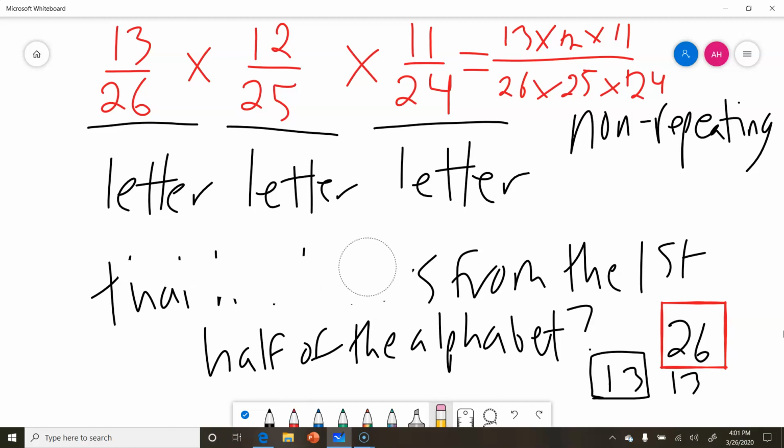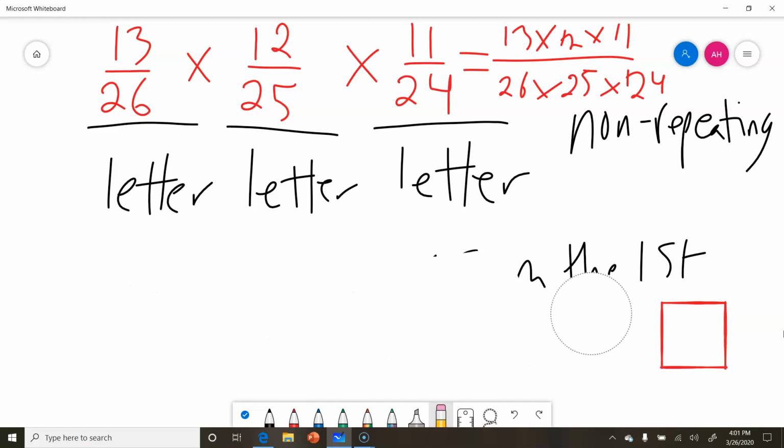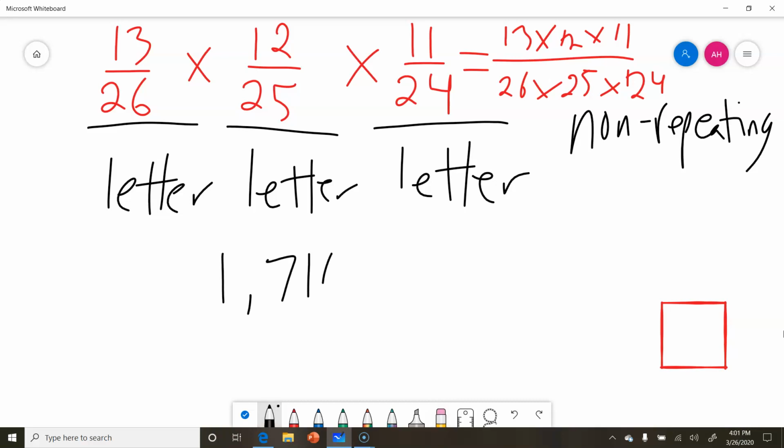Let me erase this bottom part down here so you can see how I write this. So we have 11 times 12 times 13, that's the top one. The top one came out with 1,716, and when we multiply the bottom one, we get a grand total of 15,600.